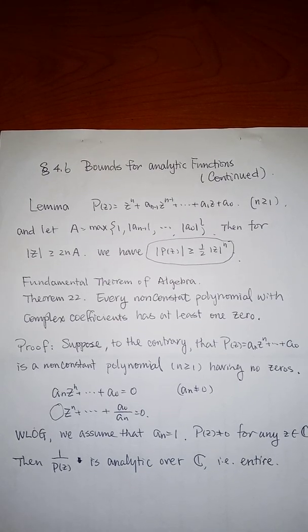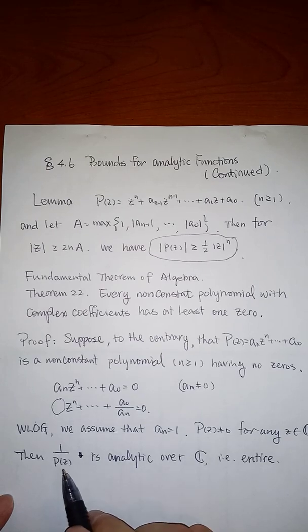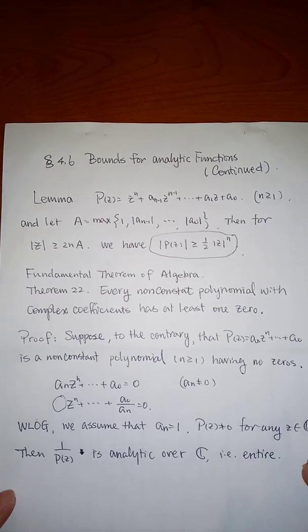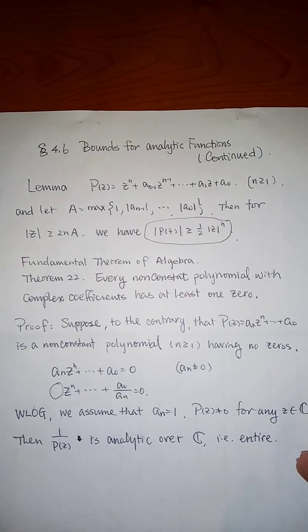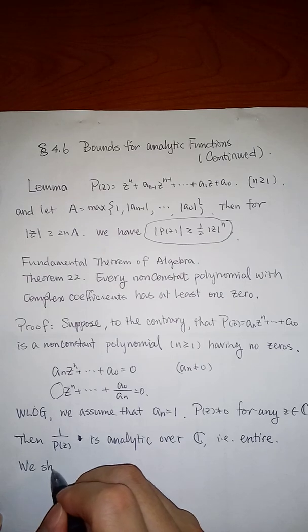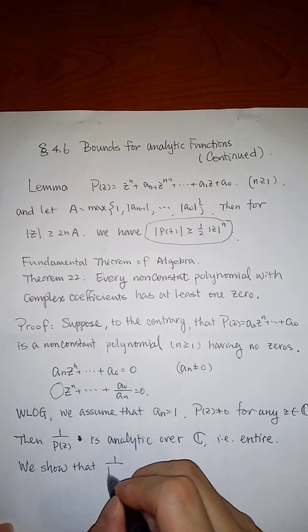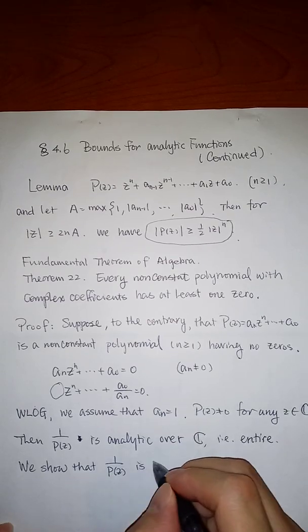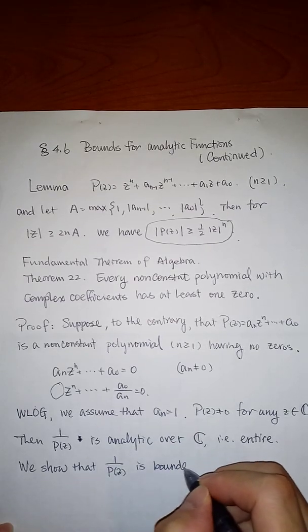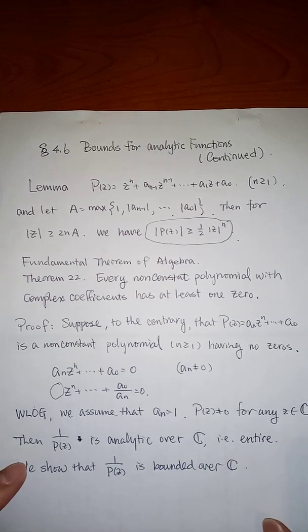So whenever you have a polynomial without a zero, the reciprocal is going to be an entire function. We will show that this 1 over p of z is bounded over C.